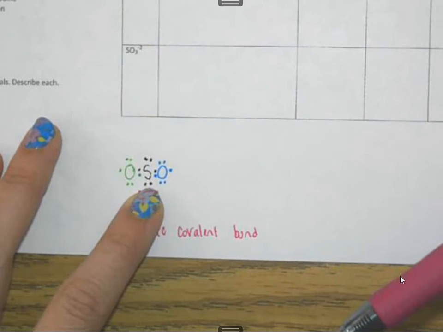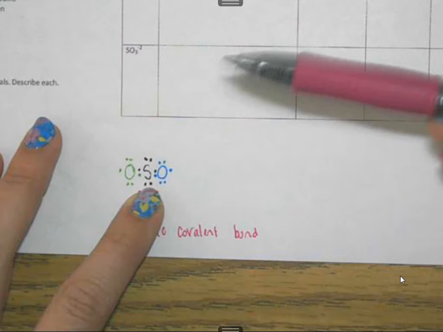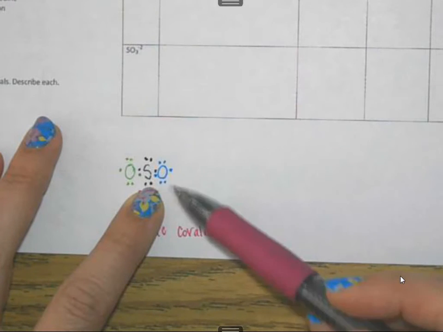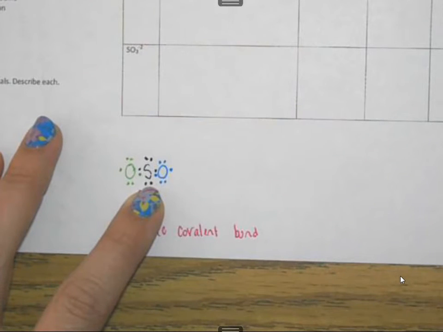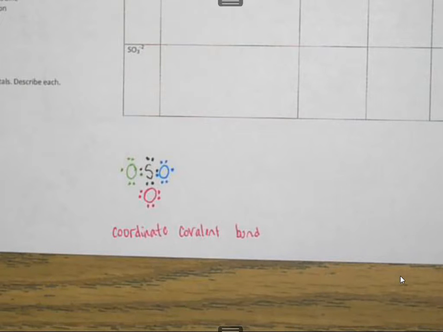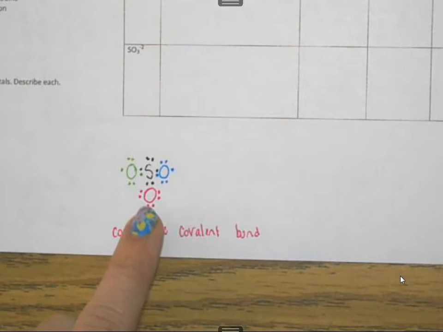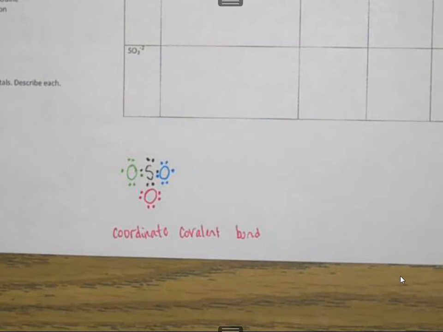Does sulfur have 8? So if I make another bond, if I put one of oxygen's lone electrons up there, I'm going to push it up to 9. I cannot make another regular single bond. And if I can't make a regular single bond, then I can't make a double or a triple bond either. So we made a coordinate covalent because we had nothing else that we could do.